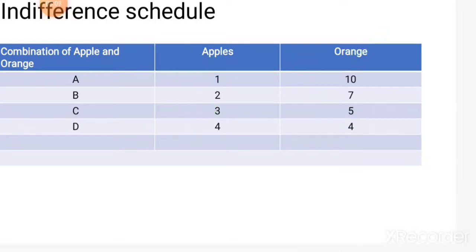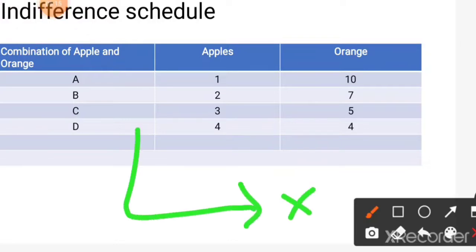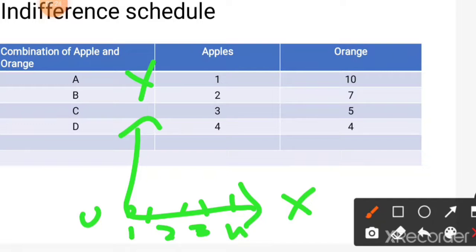So now let's try to plot this graph. This is your x axis and this is your y axis, and this is the origin. Okay, so these are the apples 1, 2, 3, 4. These are the oranges 4, 5, 7 and 10.